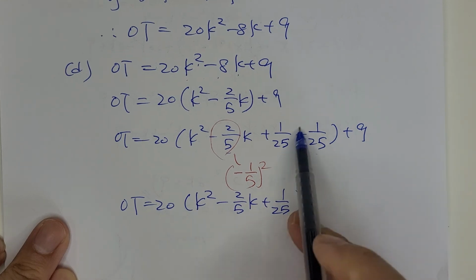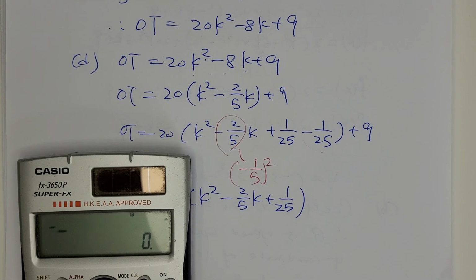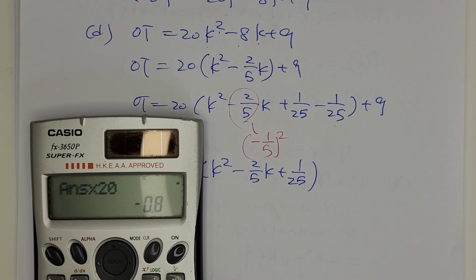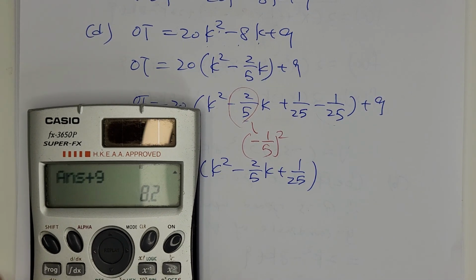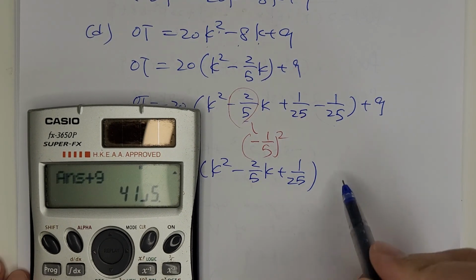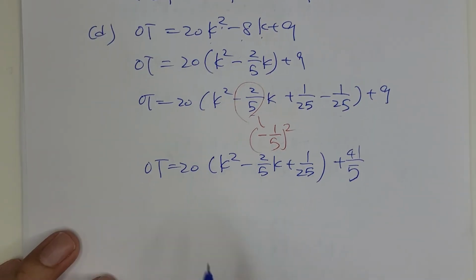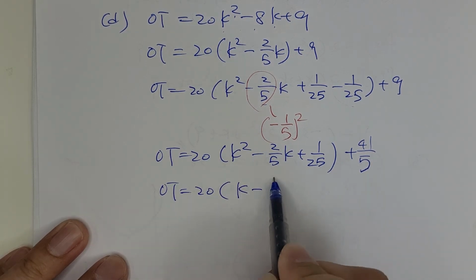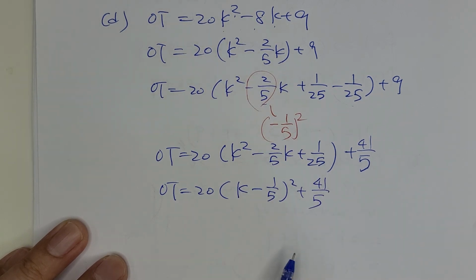And how about this negative 1 over 25? You need to multiply it by 20 and then add it to this 9 at the end, so that gives 8.2, or you can say 41 over 5. So OT can be written as 20 times (k minus 1 over 5) squared plus 41 over 5.